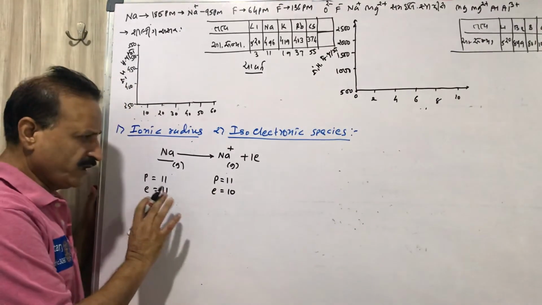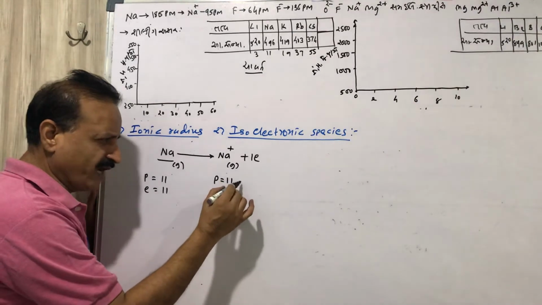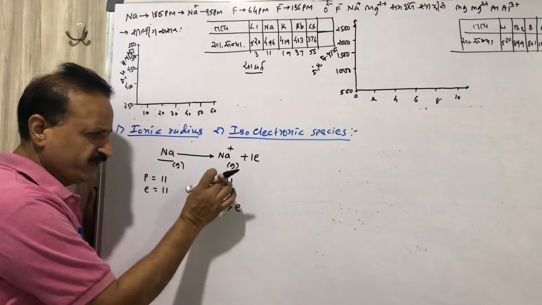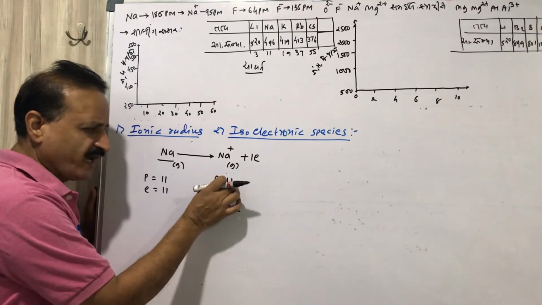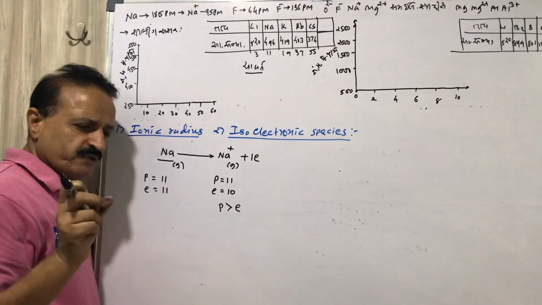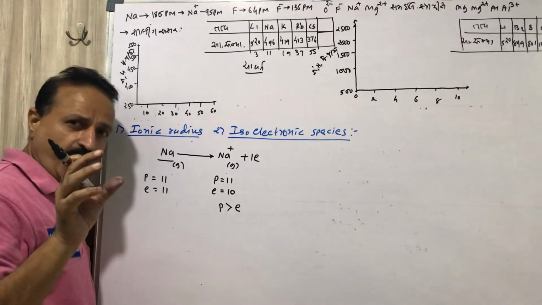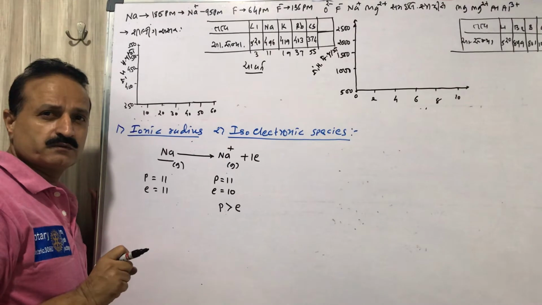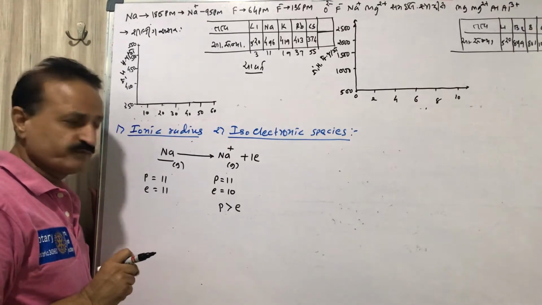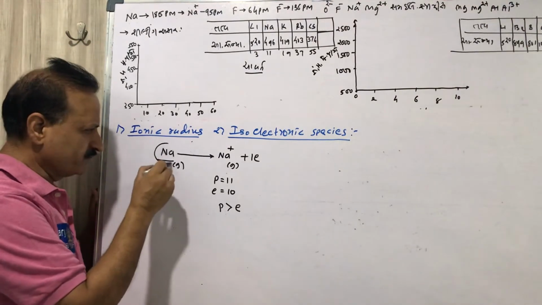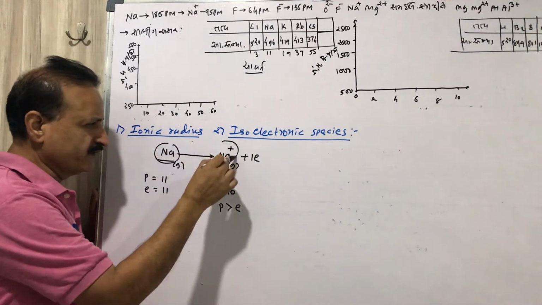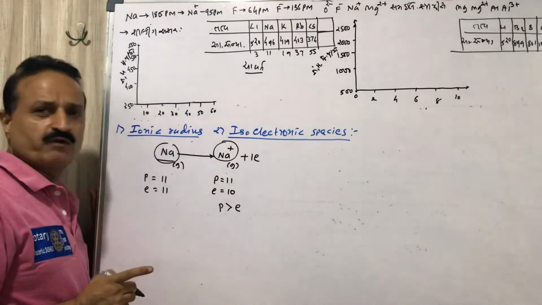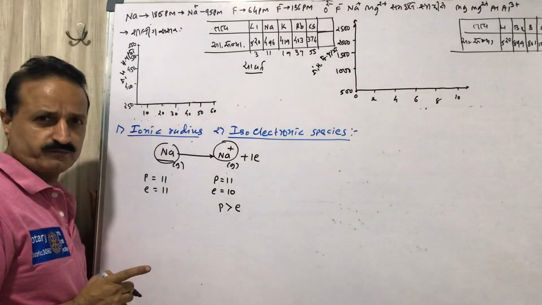It means effective nuclear charge is higher than electrons. So the effective nuclear charge will attract the electrons and size will decrease. This is the parent atom and this is its ion. So a positive ion always has a smaller ionic radius than its parent atom.